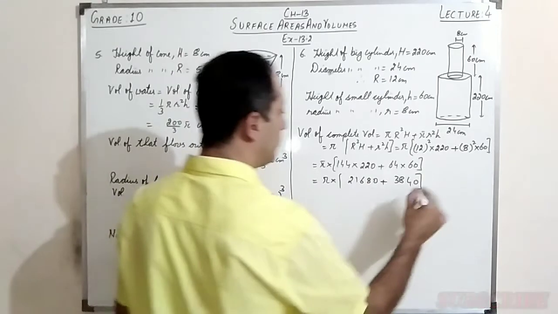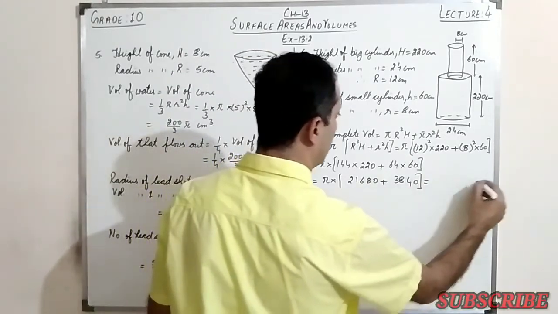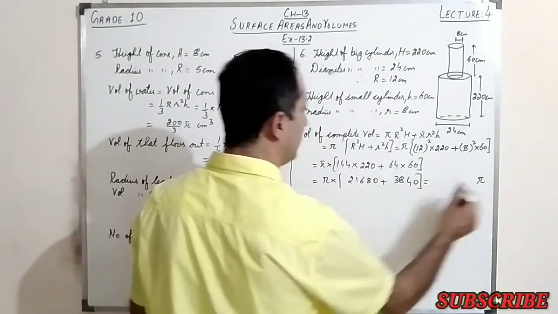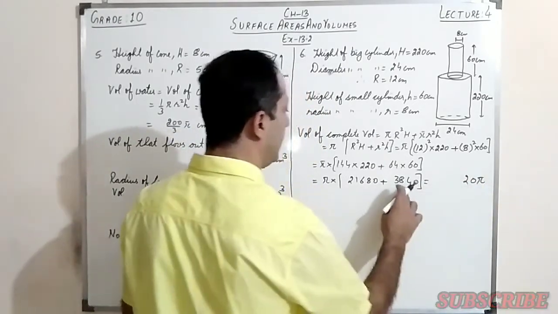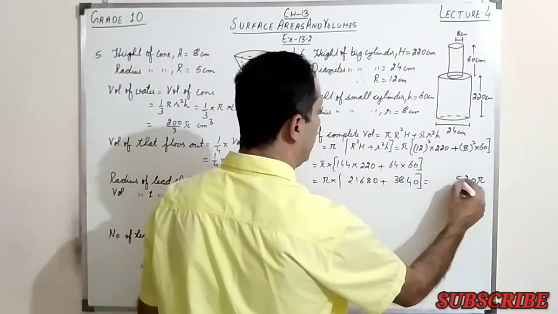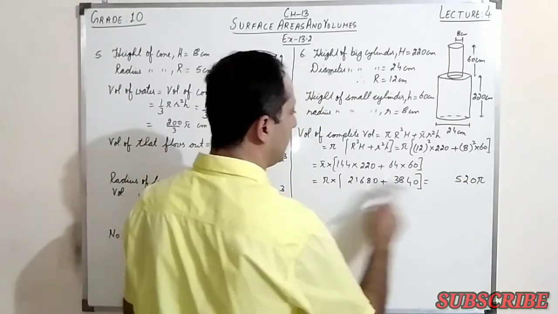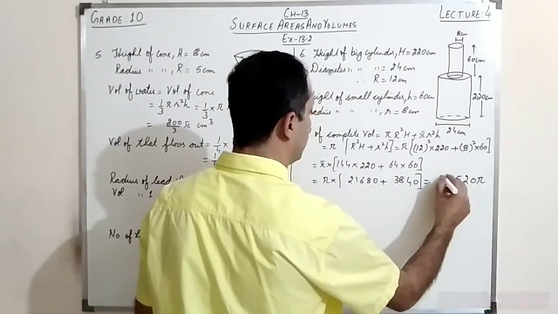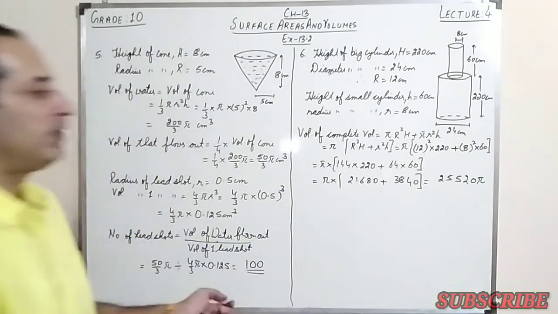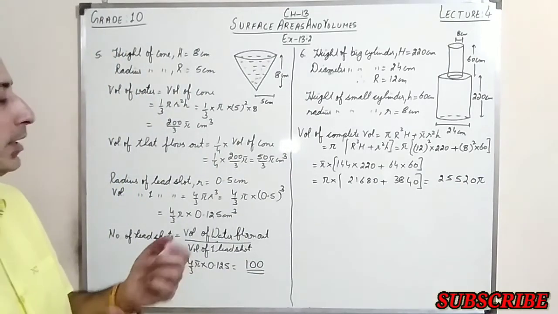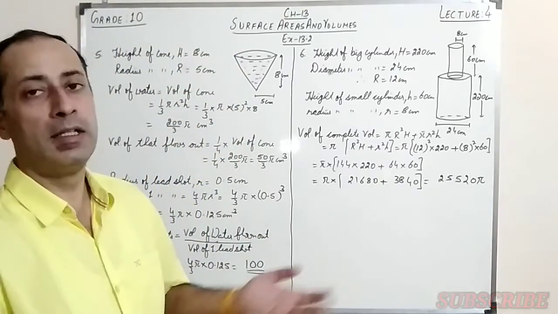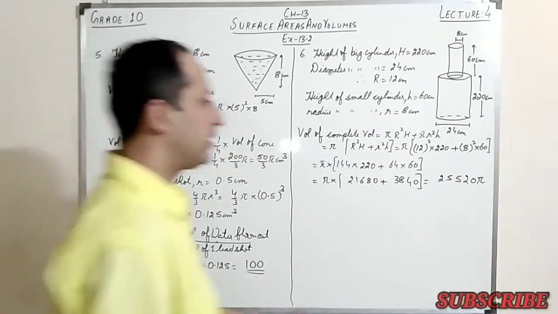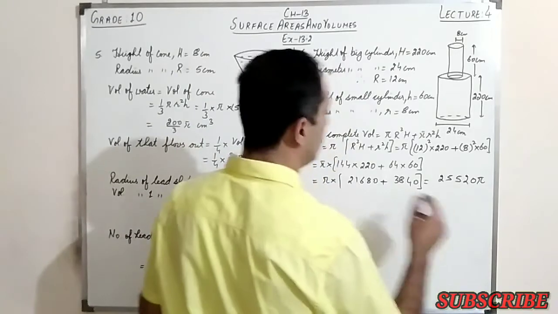So now we add these two. So we have, let me write pi at the end. So this is 0. And 4 plus 8 is 12. 1 carry. 8 plus 6 is 14 plus 1 15. 3 plus 1 4 and plus 1 5. And this is 2. So this is 25520 pi. And this 25520, I don't think it can be cancelled by 7. Let's check it out. 2552.